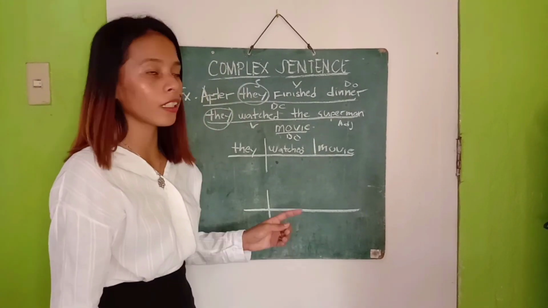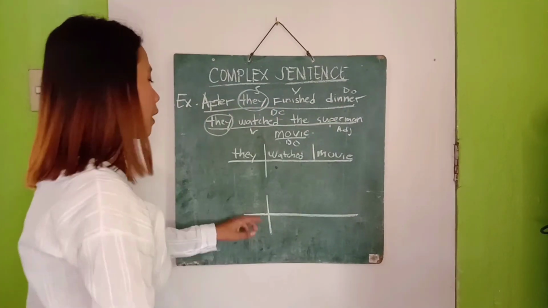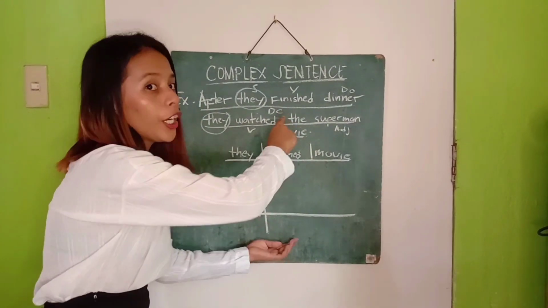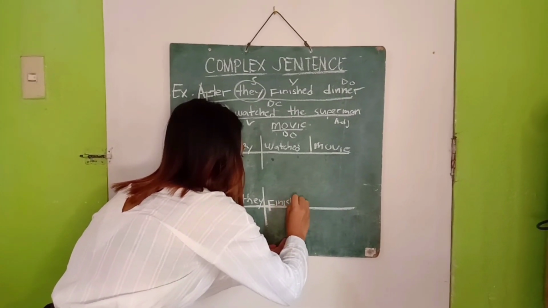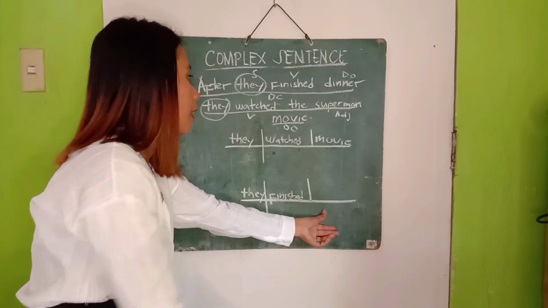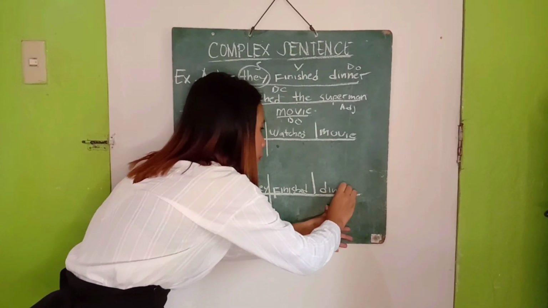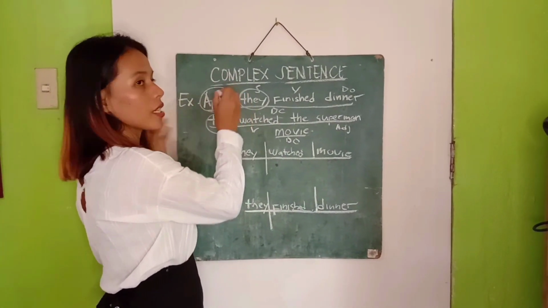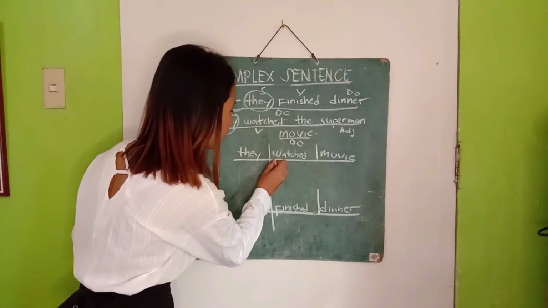And now, the dependent clause. The dependent clause goes here, which is after they finished dinner. The subject is they. Verb is finished. Again, draw a line here to separate the verb and dinner. Our subordinating conjunction, which is after, we're going to write it here with a dotted line.